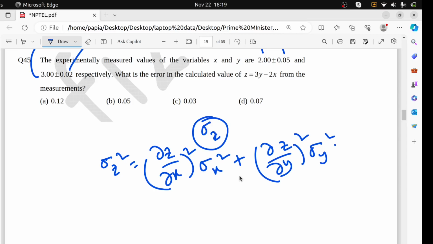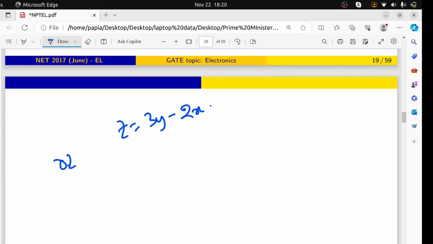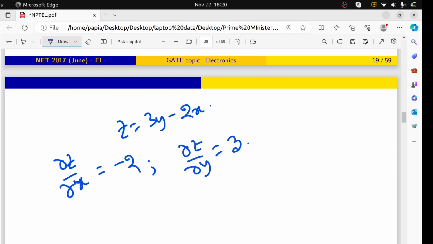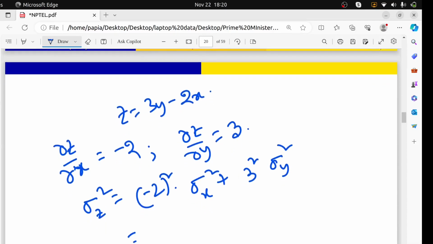Z equals 3y minus 2x. So if I do del z del x, it will be minus 2, and del z del y is 3. So sigma z square will be minus 2 whole square sigma x square plus 3 square sigma y square. Now here 4 into sigma x square.